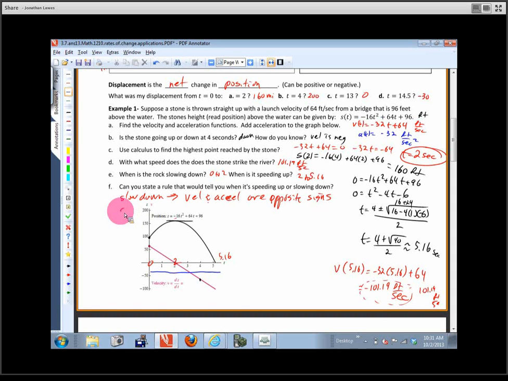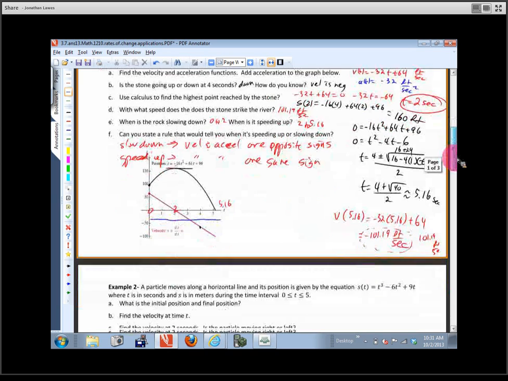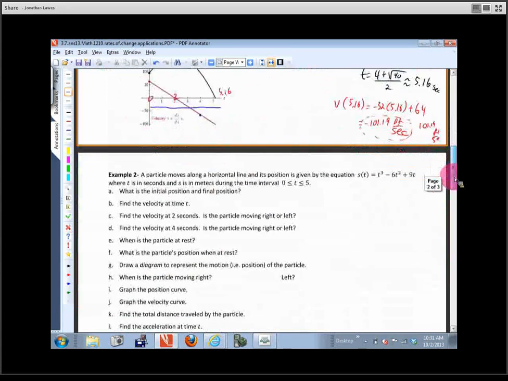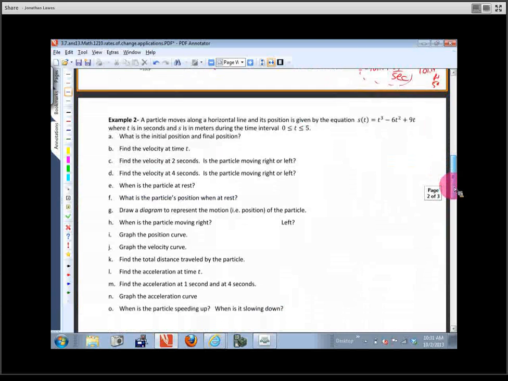So what would make it speed up? Okay, when velocity and acceleration are same sign. So what if acceleration was positive and velocity was positive? It would speed up. It would continue going up. Okay, if velocity is negative and acceleration is negative, it's going to speed up in the negative direction. But whenever they're playing against each other, it's going to slow it down until it eventually turns it around and heads in another direction, possibly. Okay? All right. Any questions there? Okay, good.